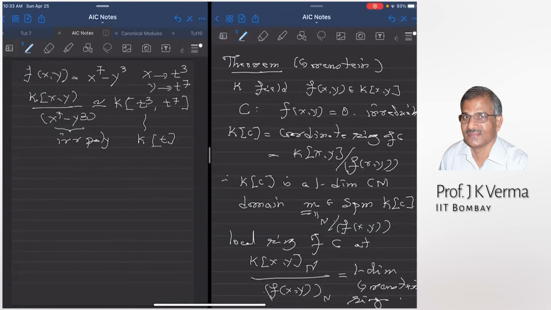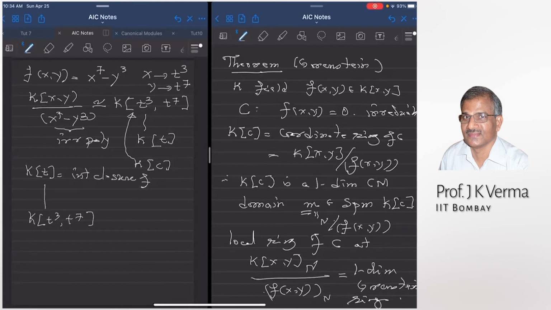Therefore, the coordinate ring of the curve is isomorphic to k[t^3, t^7]. t belongs to the quotient field, and therefore k[t] is the integral closure of k[t^3, t^7]. t is in the quotient field, and this is an integral extension.